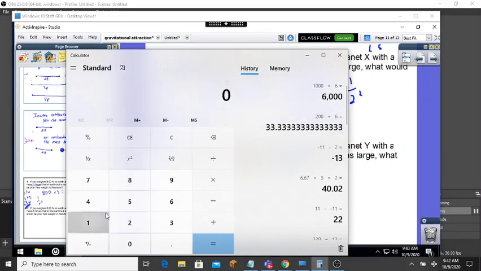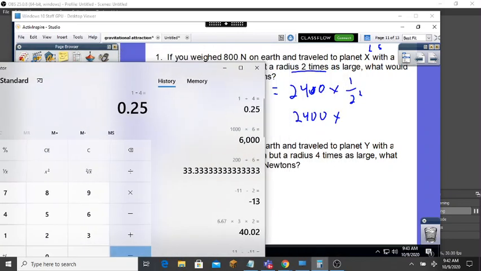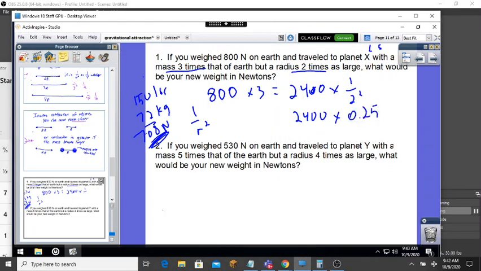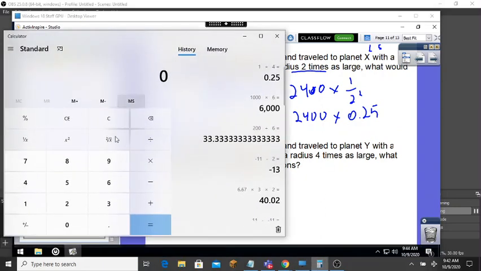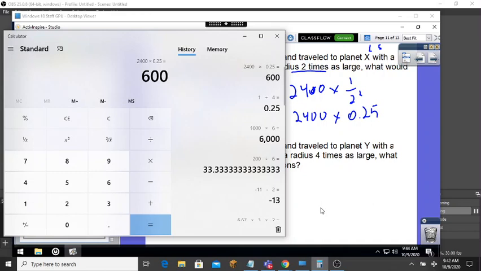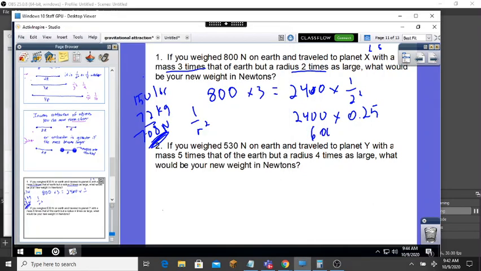If you do that, 1 divided by 4 is 0.25. 2,400 times 0.25 gives me 600. So that would be my new weight, okay? 600.